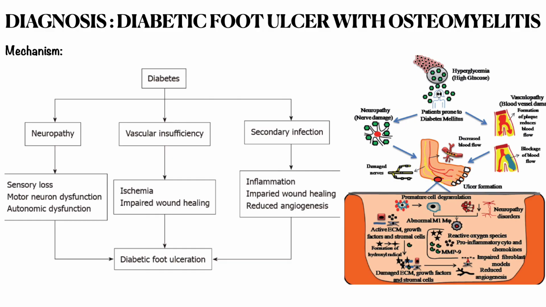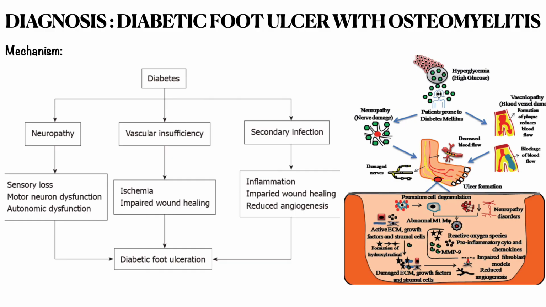Vascular insufficiency leads to ischemia, which leads to impaired wound healing and decreased oxygen supply in the wound. And secondary inflammation, impaired wound healing, and reduced angiogenesis. These factors all combine to develop into a diabetic foot ulceration.